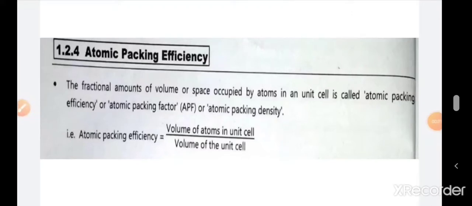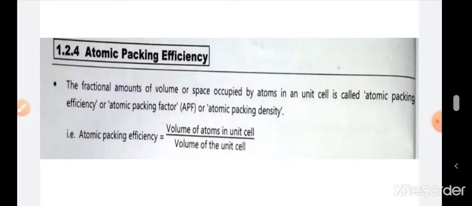It is also known as atomic packing density. Basically it's a ratio of volume of atoms in unit cell and volume of unit cell.